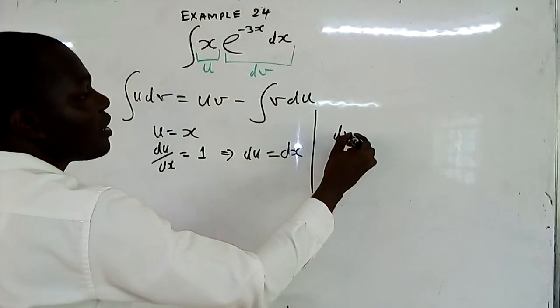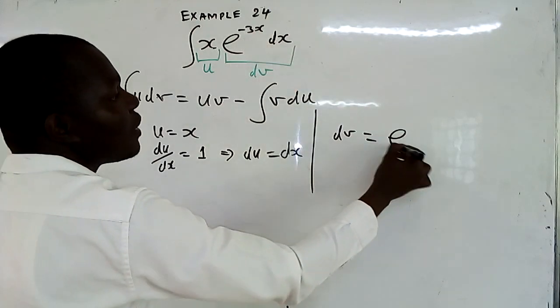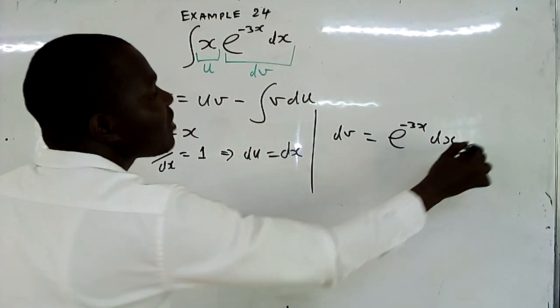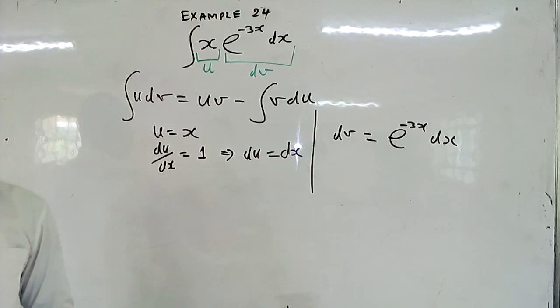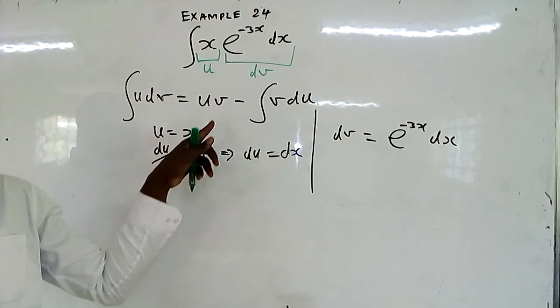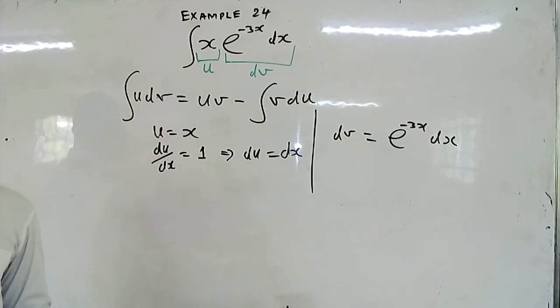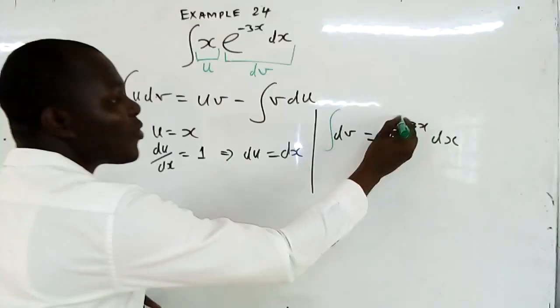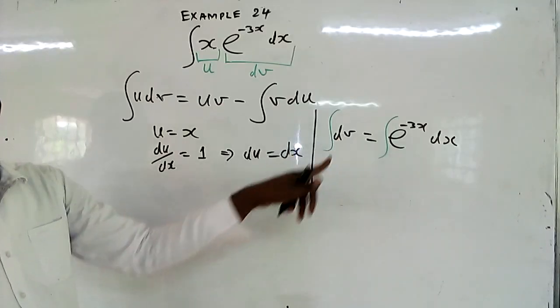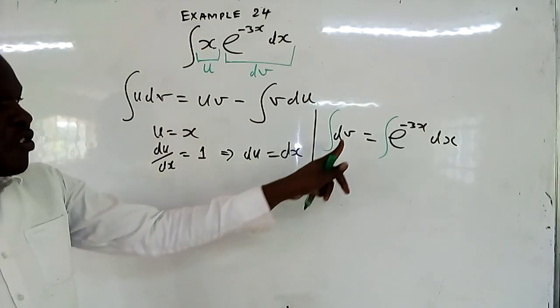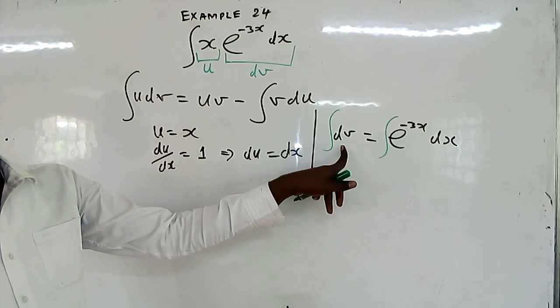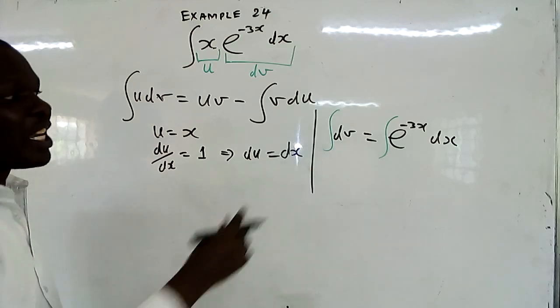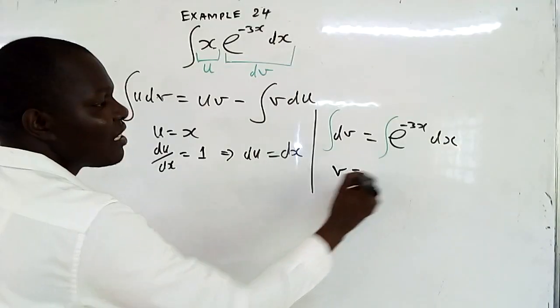What is dv? dv is equal to exponential negative 3x dx. The whole of this part is dv, but we don't need dv, we want v. So how do we get v from dv? We introduce an integral on both sides. If you integrate dv, you get v.